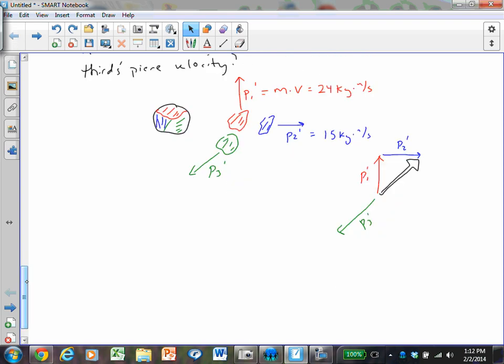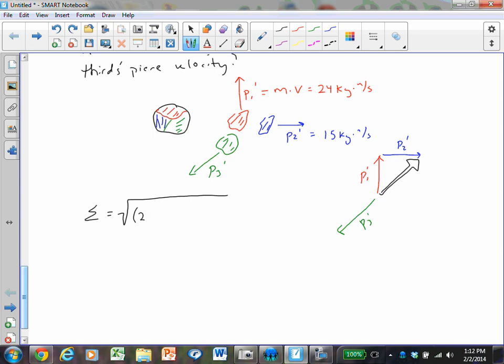So it's a Pythagorean since it's north and east. So the sum here will be the square root of 24 kilograms times meters per second squared plus 15 kilograms times meters per second squared.